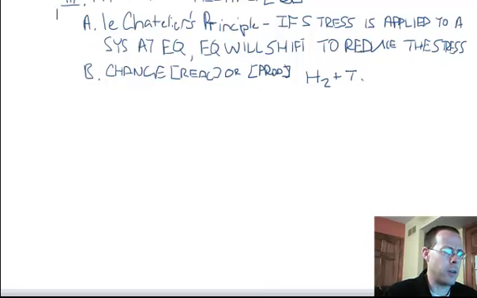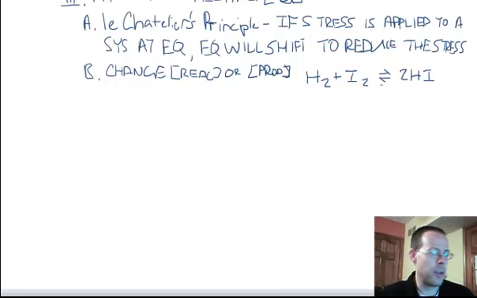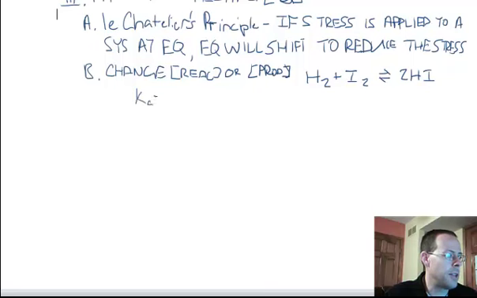Okay? So if we have this theoretical equation, hydrogen plus iodine yields hydrogen iodide, and it's an equilibrium equation because we have our arrows going both directions. Typically, our K for this is going to look like this, where Kc is going to be HI concentration squared over hydrogen concentration times iodine concentration.